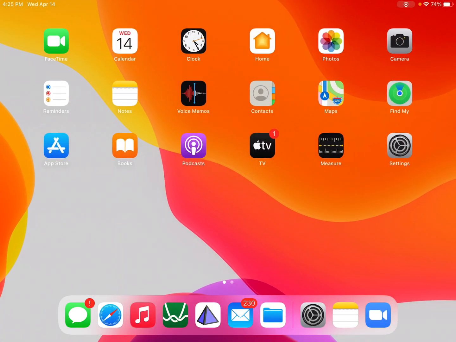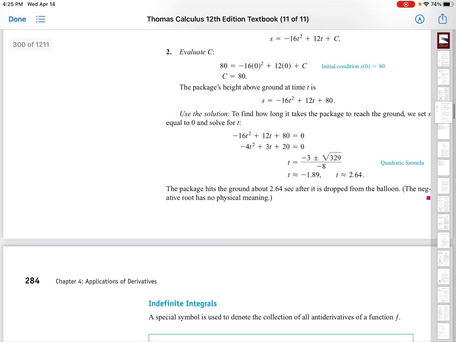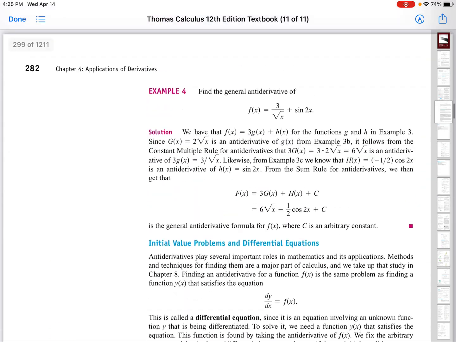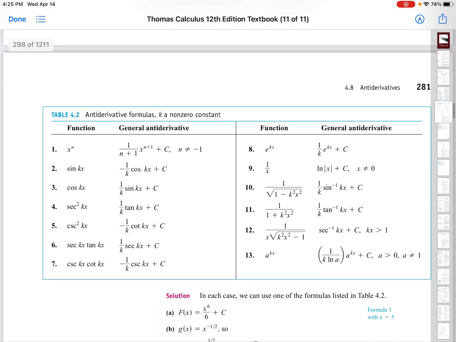And there's a nice table in your book that has, where is it here? I'm just looking at it. There it is. Yeah, so it's got cosecant squared, which I'll never ask you for, and secant tan or cosecant cotan. I won't ask you those, but all the other ones I might ask.